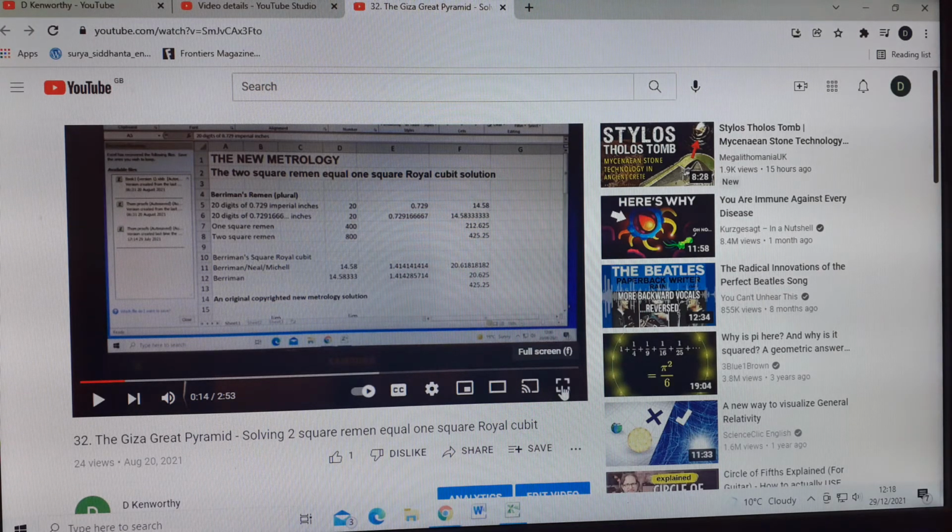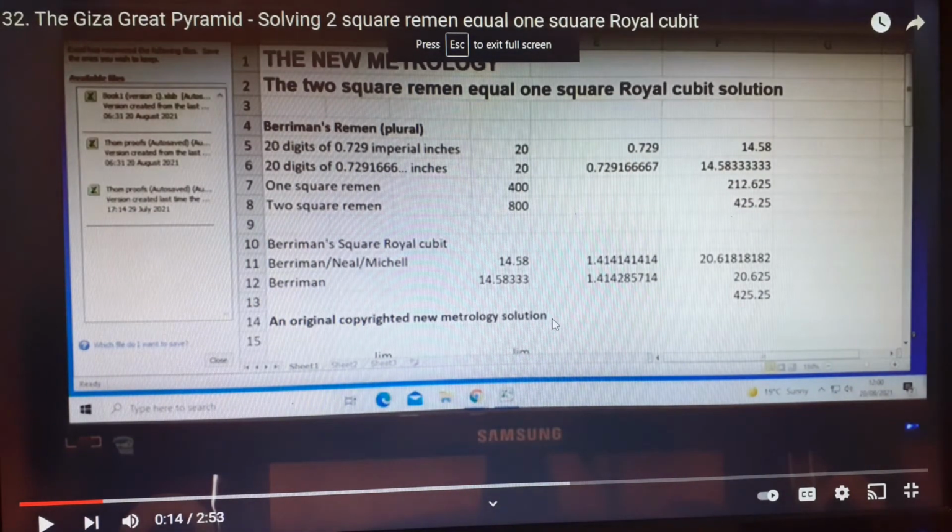And if you look here, I've done exactly the same as Jim, and I've copyrighted this work because I think it is most probably the solution to the Egyptian problem of 2 square Remen equaling 1 square royal cubit, and they do, because there's the Remen in this calculation, and there's the 2 square Remen, and there's the square royal cubit, which is just Jim's royal cubit of 20.625, and Harry Sivertson and John Neal and Michelle's royal cubit of 20.6181818.